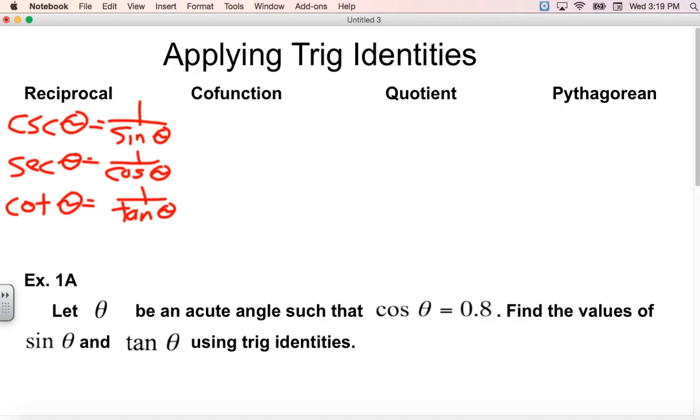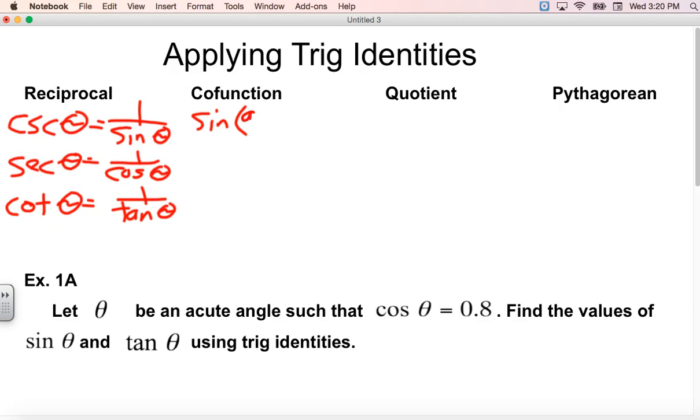The cofunction identities are identities that kind of go along with sine and cosine. So essentially what this tells you is if you want to know what the sine of 90 minus theta is, okay, so whatever your angle is, if you take it away from 90, then that's going to equal the cosine of theta.